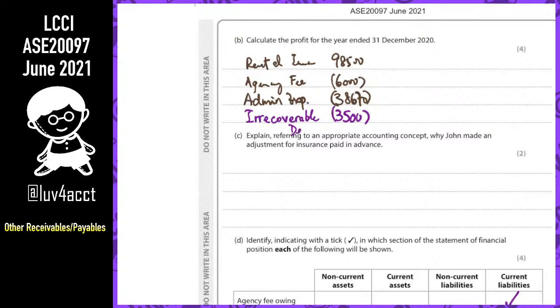Irrecoverable debt is calculated in the account for the rental income. And with these 4 items, 3 expenses and 1 income, we can calculate the amount of profit for the current year.